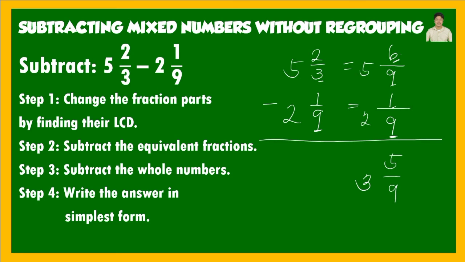Kaya lang wala na pong common factor aside from 1. So, our final answer here is 3 and 5/9. Hindi lahat ng mga fractions ay kailangan pan-simplify. Okay, so kasi minsan talaga yung final answer nila is simplified na.